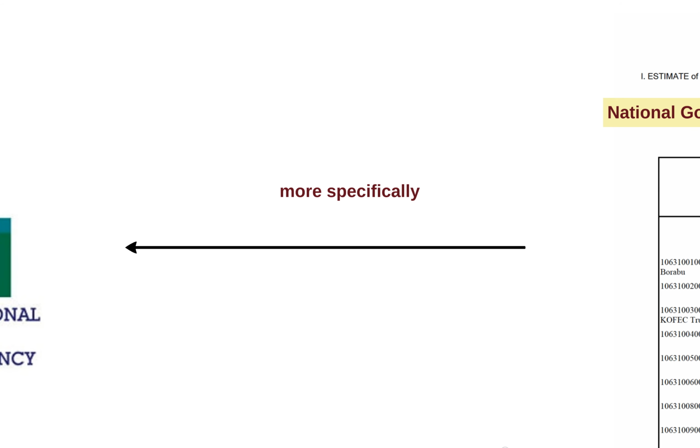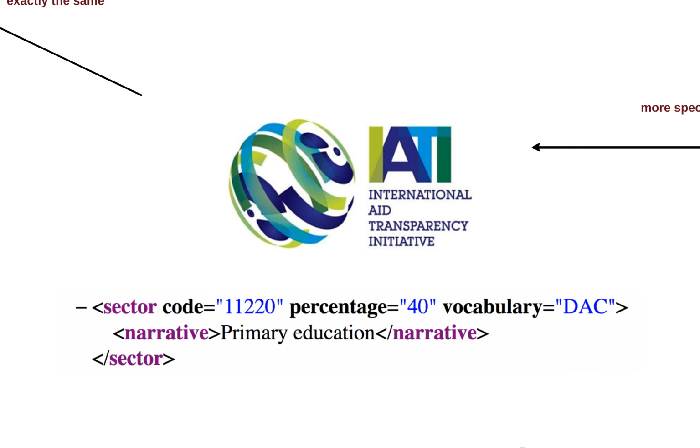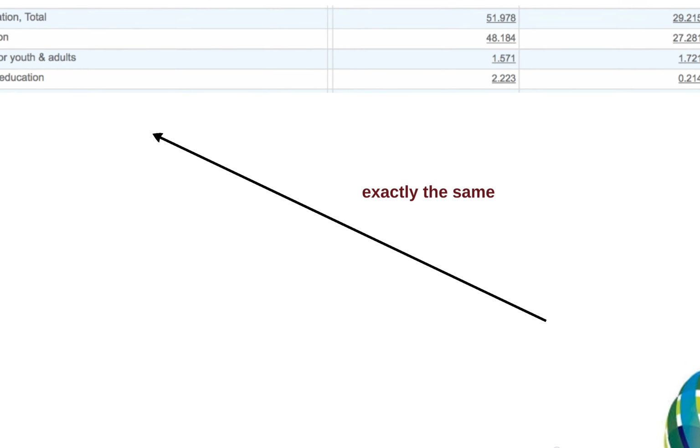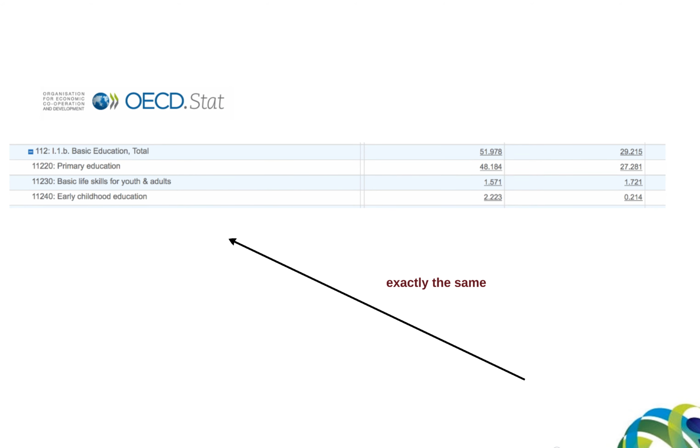IATI data on primary education is more specific again, but can be mapped to the Ministry of Education, and the sector primary education in IATI is exactly the same as that reported by the OECD Creditor Reporting System. Lastly, the education data in the Creditor Reporting System can be mapped back to Goal 4, which aims to see quality education for all.